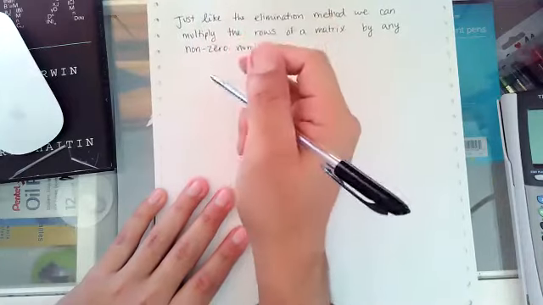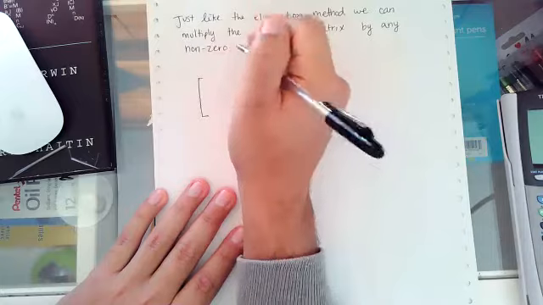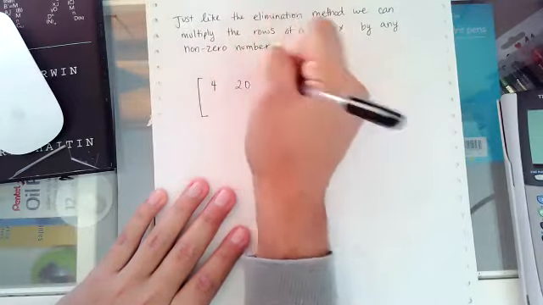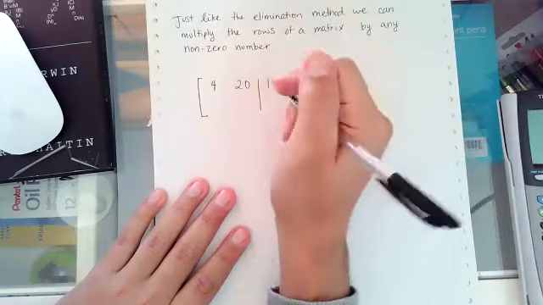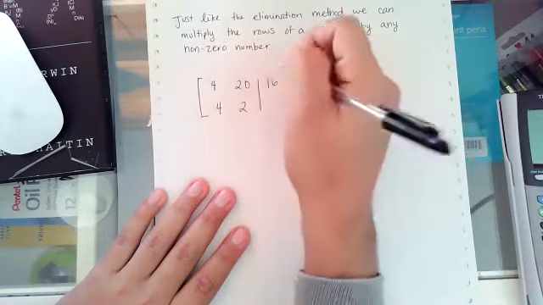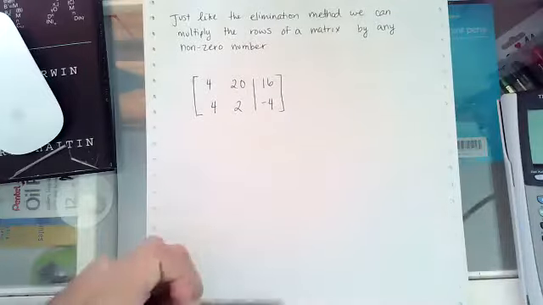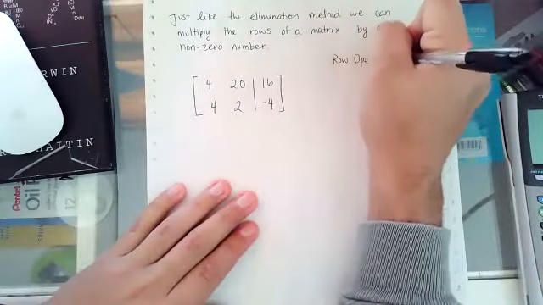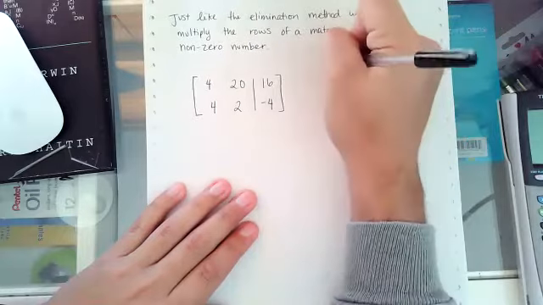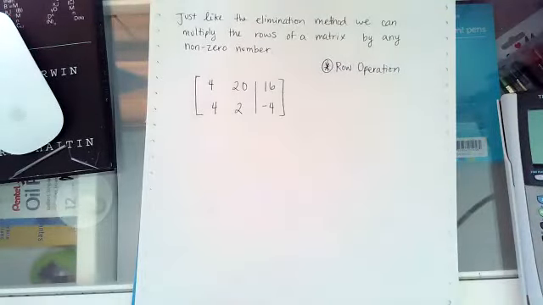But what I want you guys to do is take this matrix: 4, 20, and 16, 4, 2, and -4. And we're going to do what we call a row operation. A row operation is a set of instructions that tells you exactly how to manipulate the matrix.